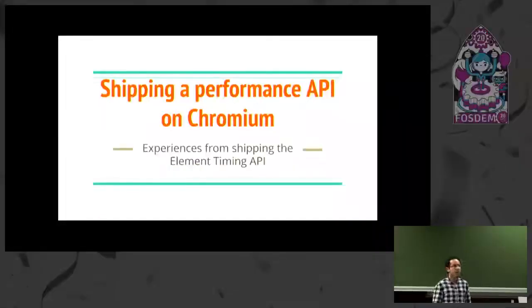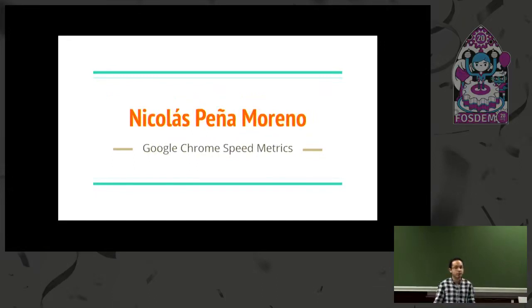Hello, everyone. Like Peter just said, I'm going to talk about shipping a performance API on Chromium, and I'm going to talk about it from the perspective of how we worked to ship the element timing API. I'm Nicolas, and I work on Google Chrome on the speed metrics team.